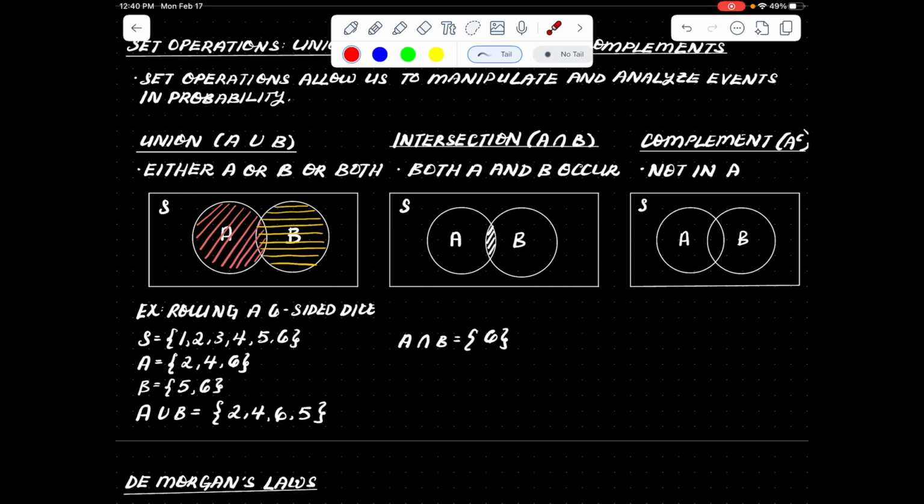The complement of an event is just all the events that are not in A. So looking at the Venn diagram, everything that does not happen in A is everything outside of A. And in our dice example, A complement is rolling an odd number.